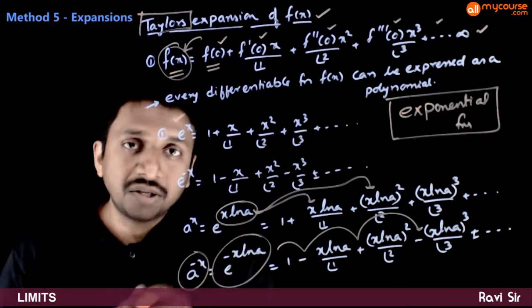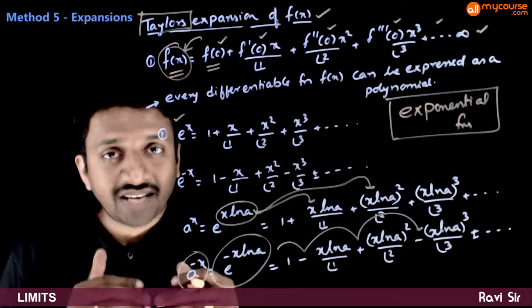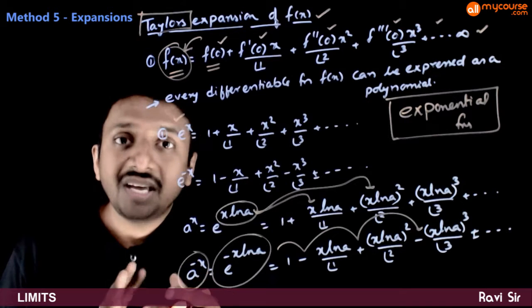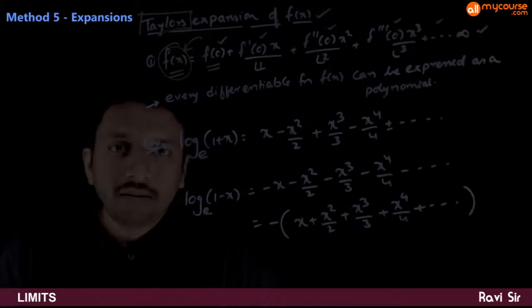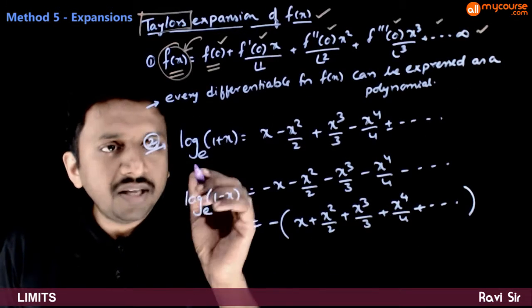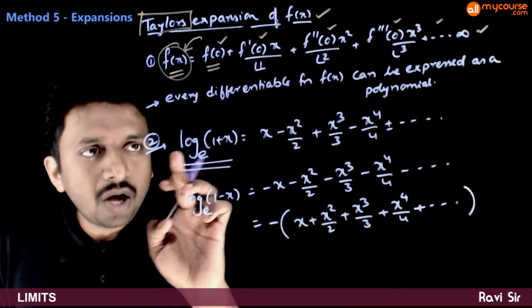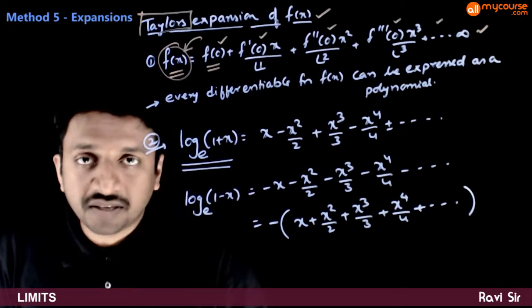Once you have understood the expansion of exponential functions, it is next going to logarithmic functions, trigonometric functions, inverse trigonometric functions, and algebraic functions. The next type of expansion is the expansion of logarithmic functions. So, log 1 plus x to the base e, or log 1 minus x to the base e.